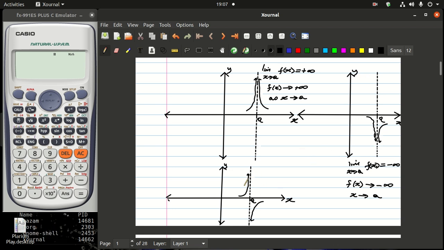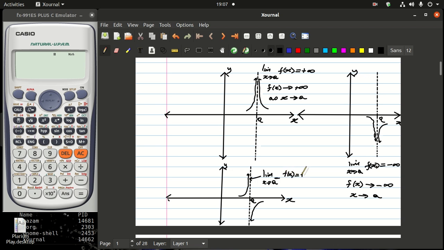Now, if you look at this particular case here, you can see that the function is going up. It's taking all the positive values as you get closer to a, but on the left of a. If you checked lecture 27, we talked about one-sided limits. So in this case, if you look at the limit as x approaches a from the left, the minus is saying on the left of a, if I pick a value just close to a, I will get a very big number for f of x.